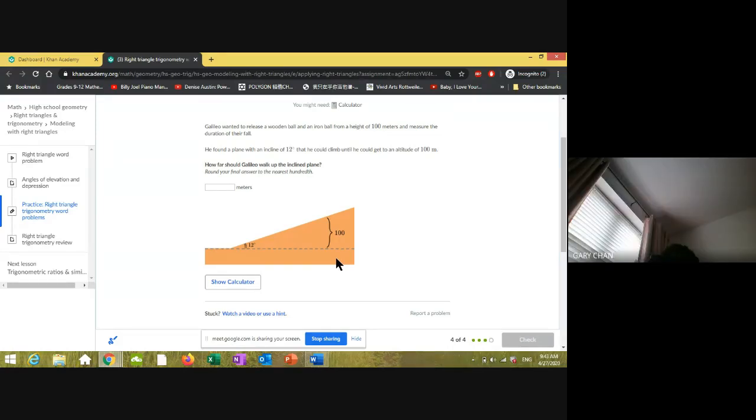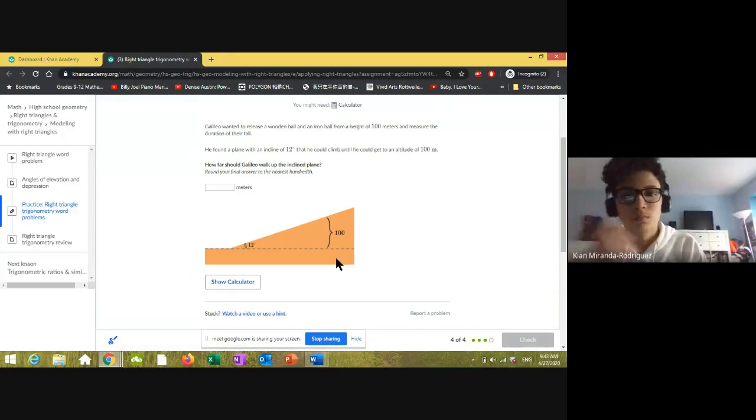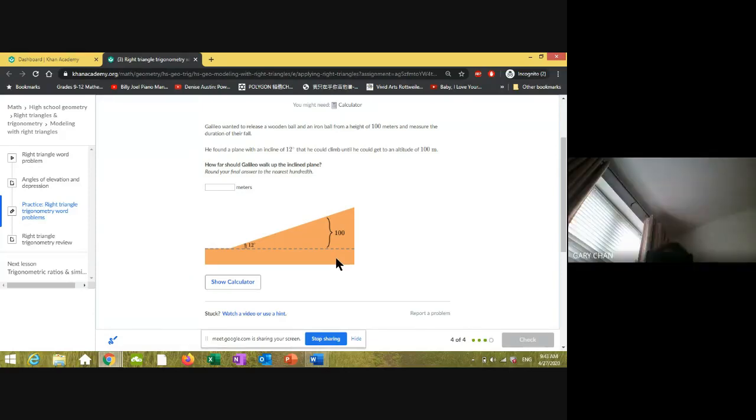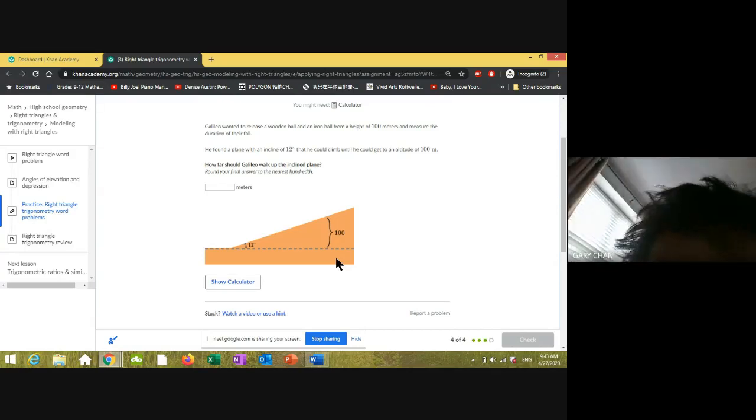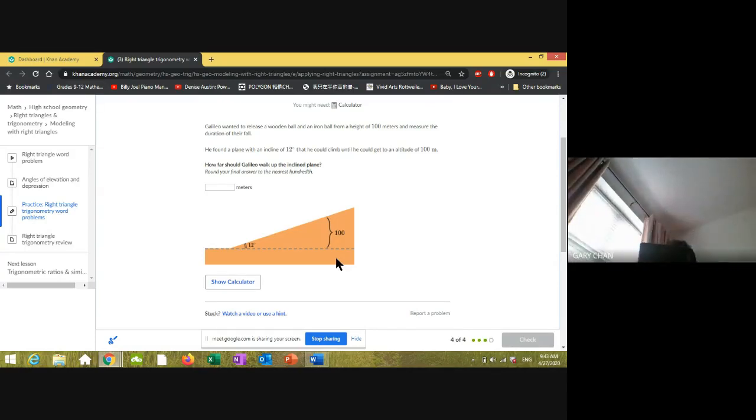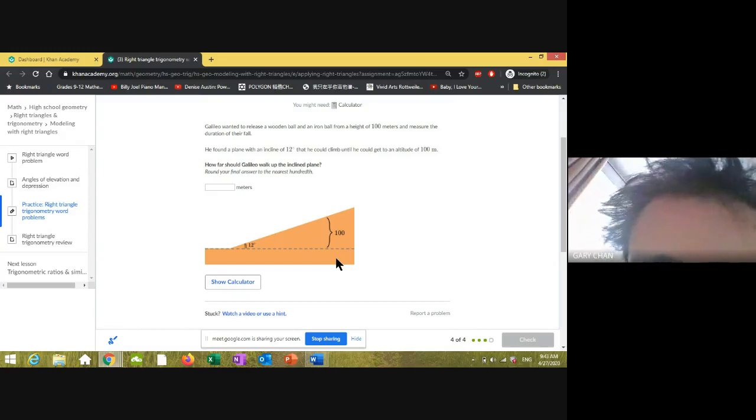So in this problem here, what are we looking for? Are we looking for the horizontal or are we looking for the hypotenuse? What do you guys think? Maybe hypotenuse. It certainly does look that way, doesn't it? We're looking for how far up that plank. Let me see here.